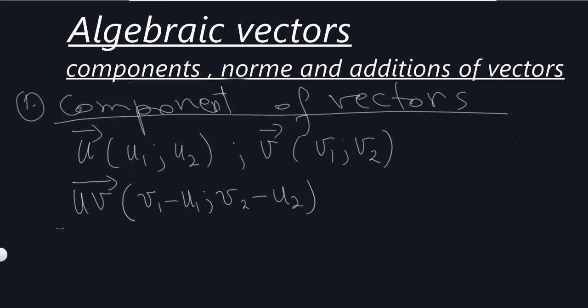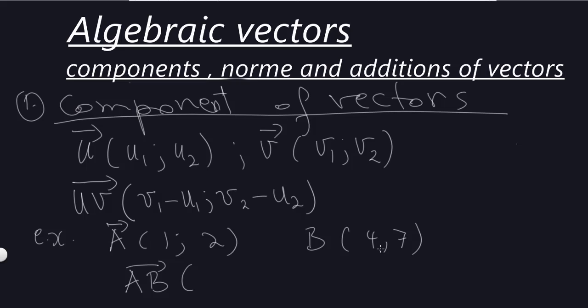For example, you have the coordinates 1 and 2. This is a vector A, and a vector B will be 4, 7. So the component of a vector will be AB.